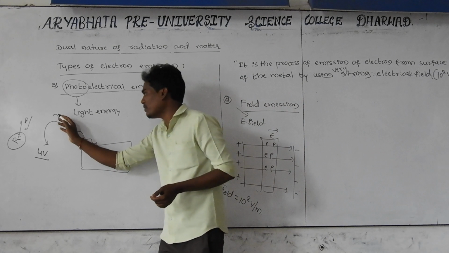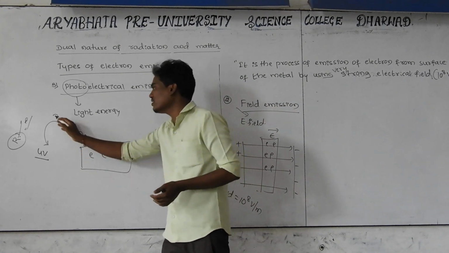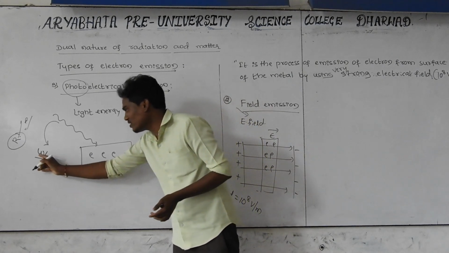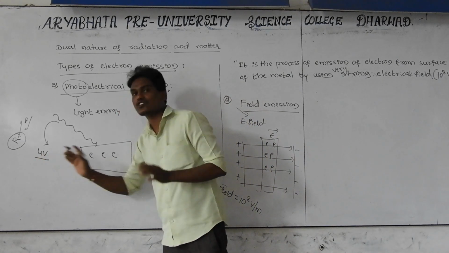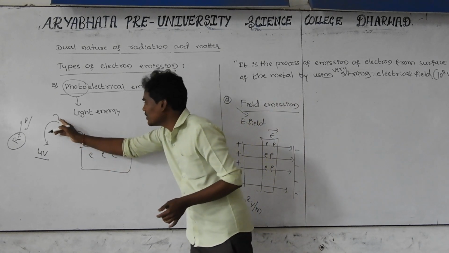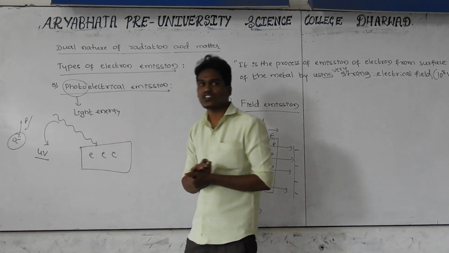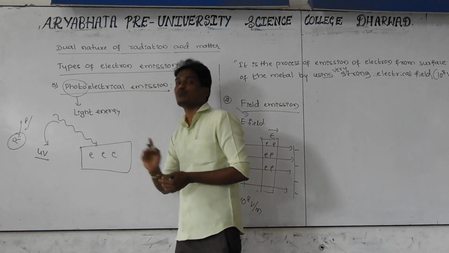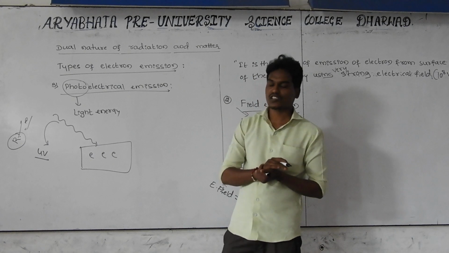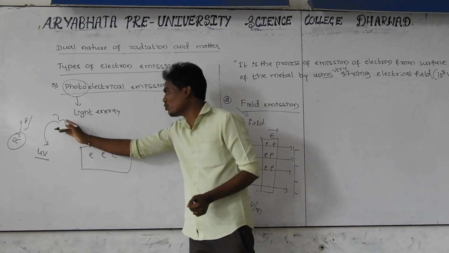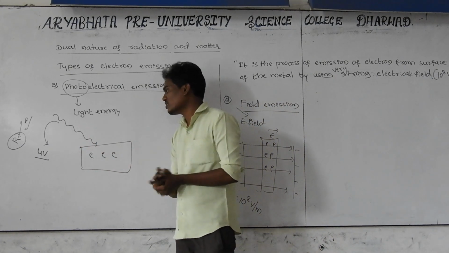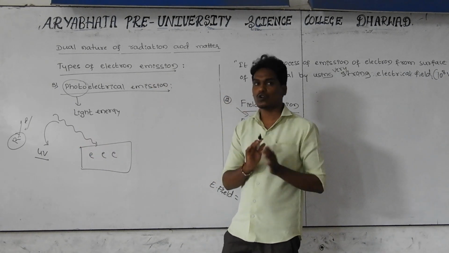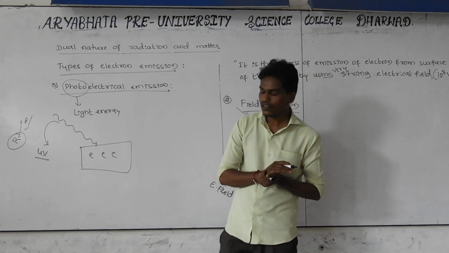For example, I am taking one metal, and the external energy is in the form of radiation. What is that? UV radiation, because it has a suitable frequency. Whenever the UV radiation is incident on the metal surface, the light is nothing but particles called photons, and the photons have some amount of energy.